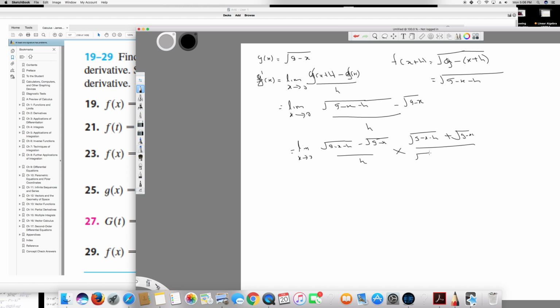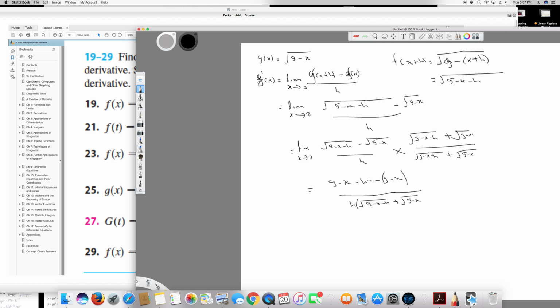The square root will be eliminated, therefore it will become 9 minus x minus h minus the bracket 9 minus x, over h times square root of 9 minus x minus h plus square root of 9 minus x.